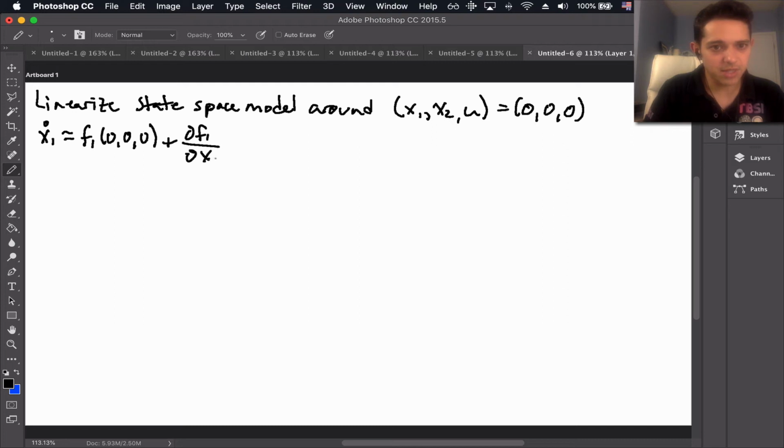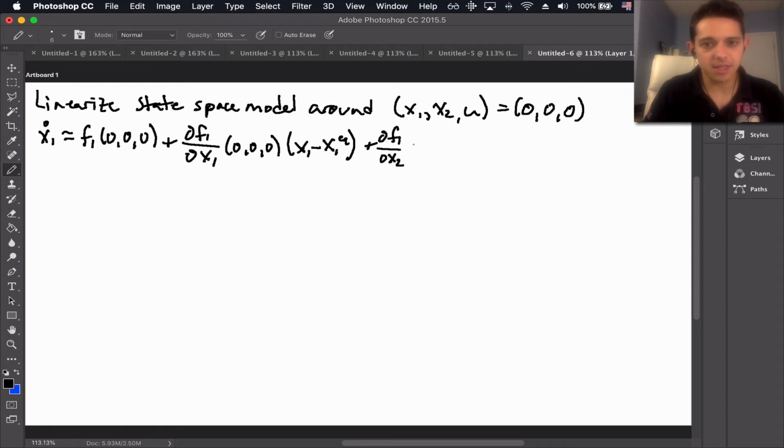Then I would like to take the derivative with respect to x1, evaluate that at the equilibrium values and multiply that by x1 minus x1 EQ. And similarly, we have the derivative with respect to x2. And finally, the derivative of f1 with respect to u.